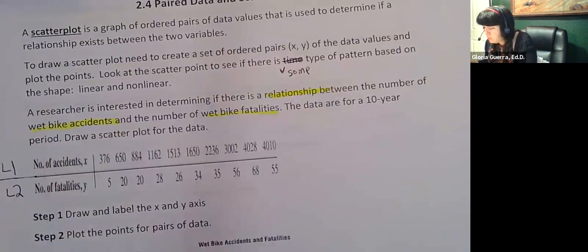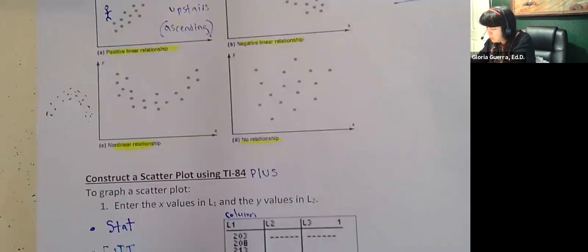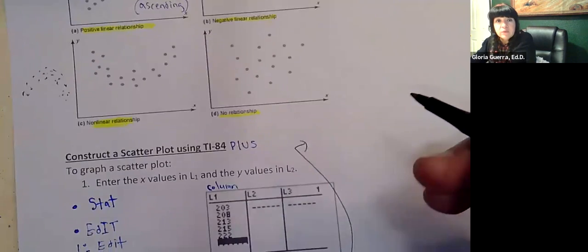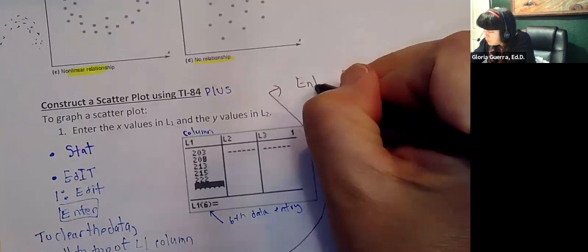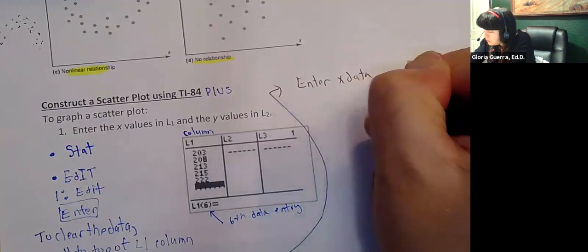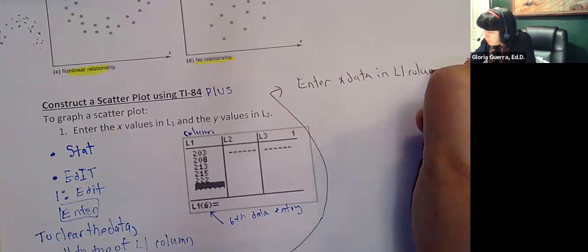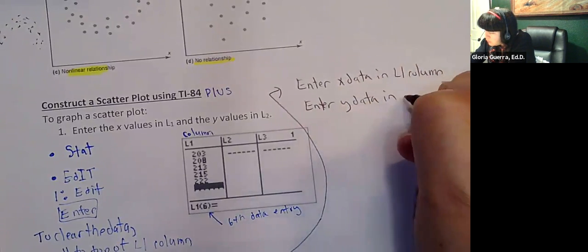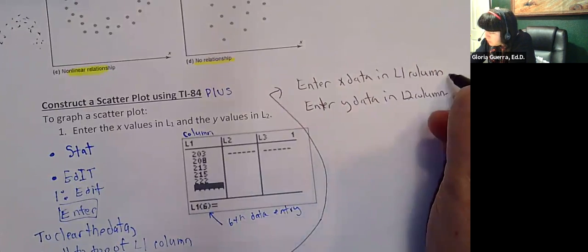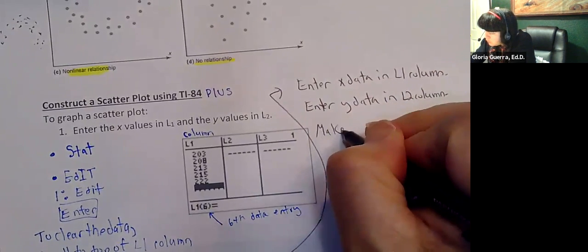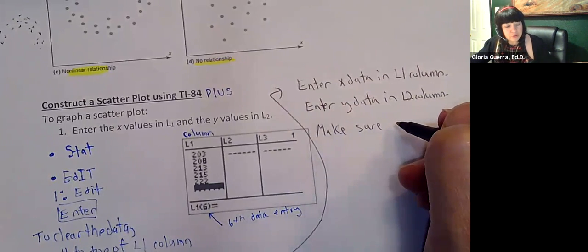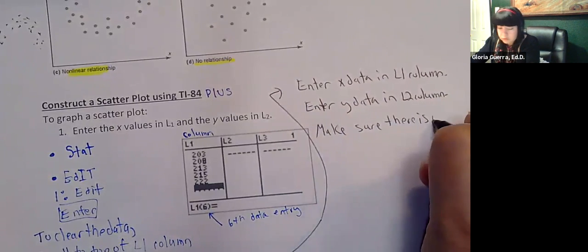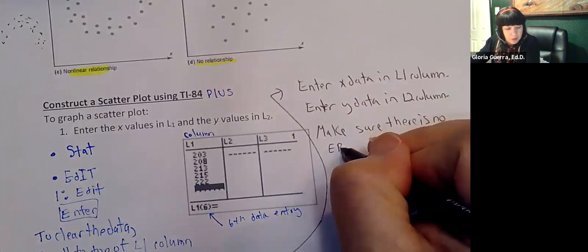Okay, so I will make a note of that here. So then I will say over here, after we cleared the columns, and you enter X data in L1 column, enter Y data in L2 column. Make sure there is no ERRDIM.